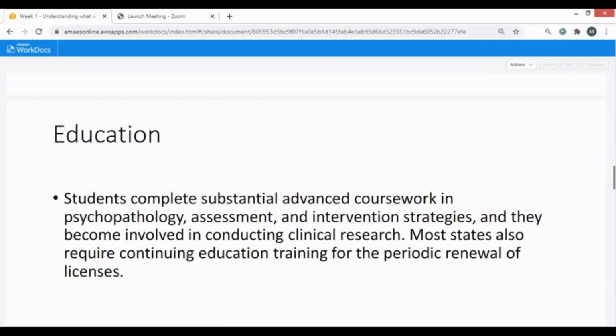Most states also require continuing education training for the periodic renewal of licenses. The doctoral degrees for fully licensed clinical psychologists are typically either the PhD or the PsyD, though occasionally they include others like the EdD or Doctor of Education.